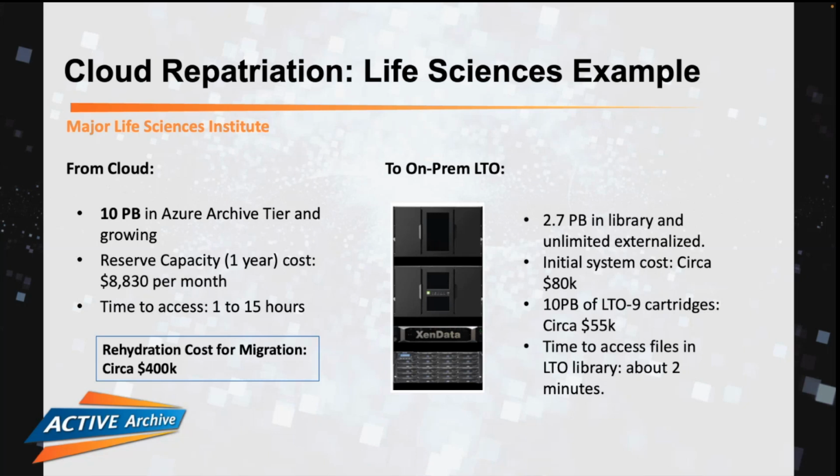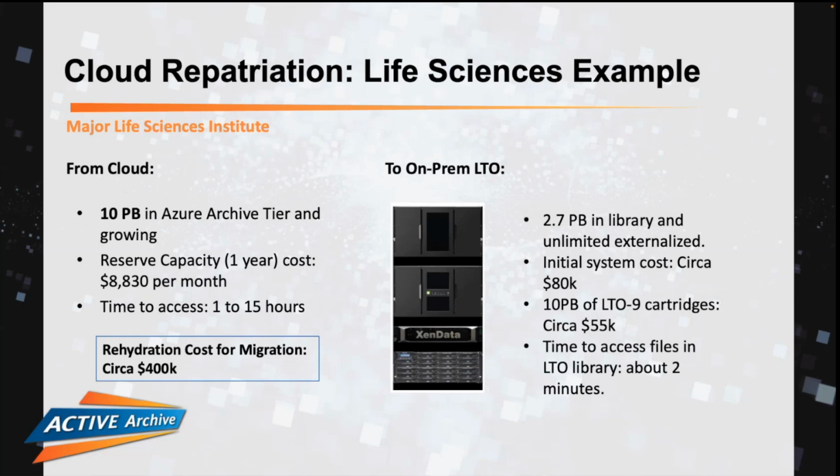Their intention was to use the 2.7 petabyte library to hold content that was most frequently accessed and to keep the rest offline. The files stored on LTO cartridges in the library have an access time of about 2 minutes. And the offline content, of course, needs a human operator to select the needed cartridges, which are there on the shelf, and import them back into the library.